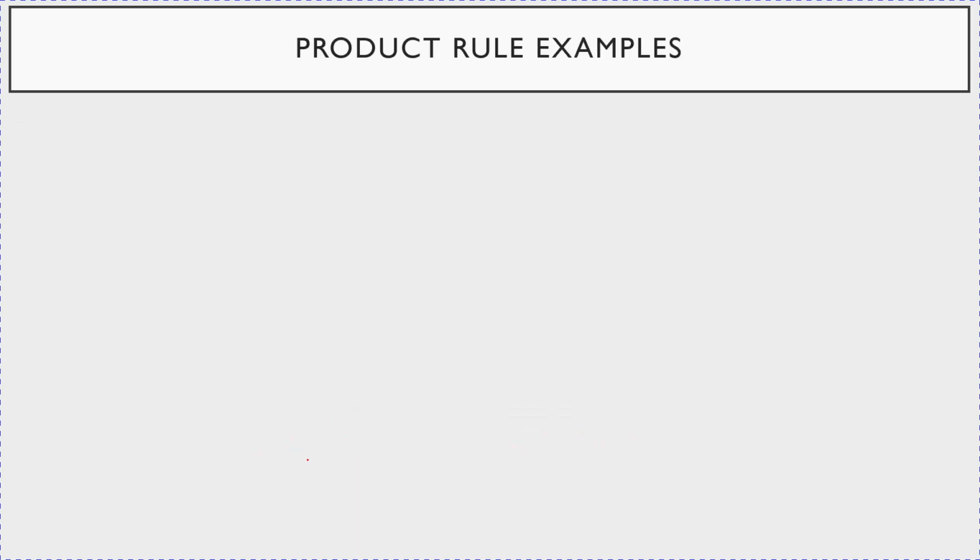So let's do some product rules, and I'll write the product rule up here just so we have it. It's a function f of x times g of x. The way I'm going to do this, it's the derivative of the first function times the second function plus the first function times the derivative of the second function. All right, so let's find the derivatives of the following.